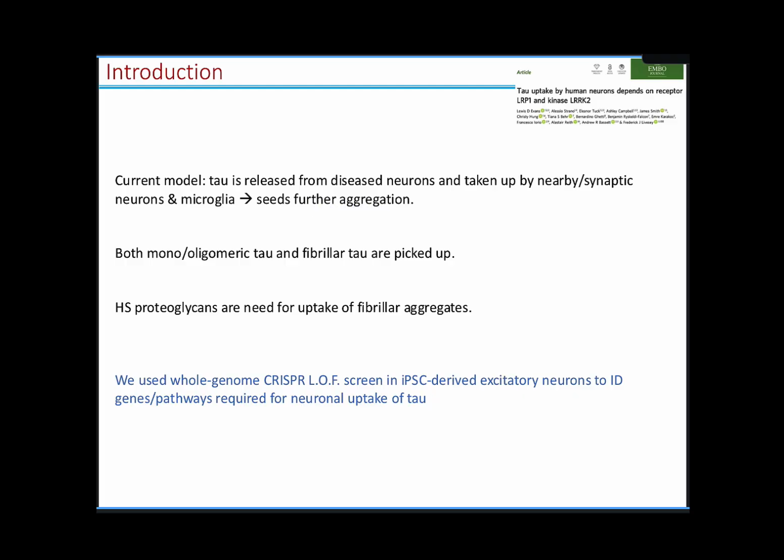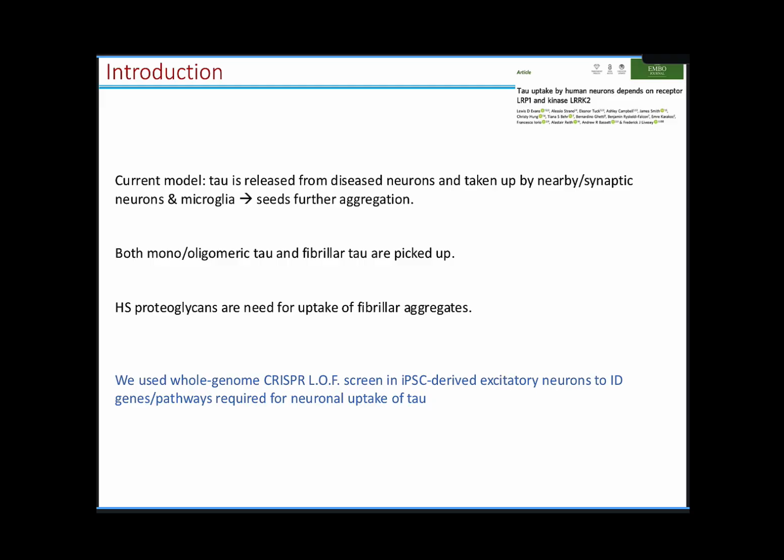Right? So the idea here is that all of this extra tau that neurons right next to dying neurons take up can serve as nucleation centers for tau to accumulate and form those neurofibrillary tangles that make neurons so sick and eventually die.